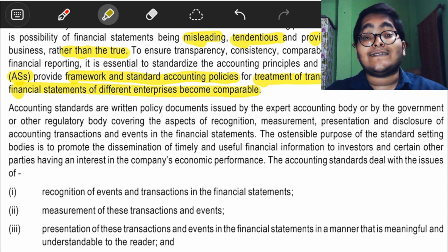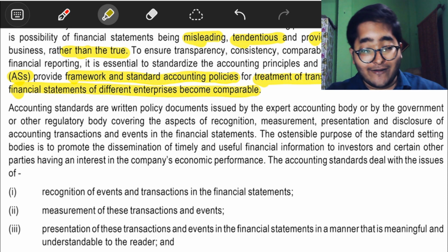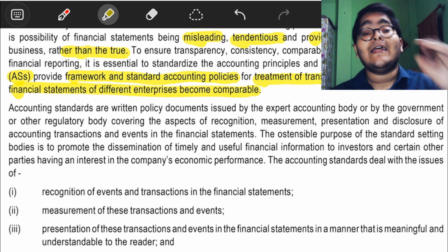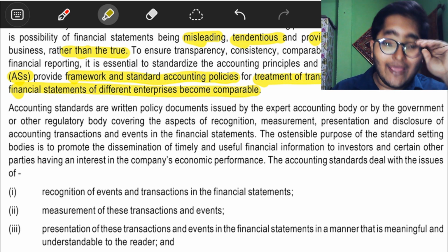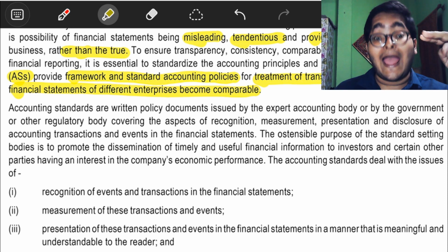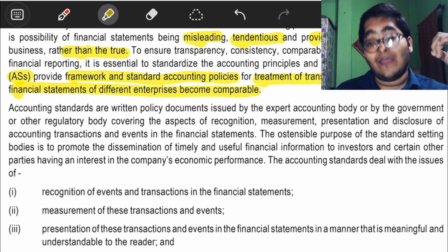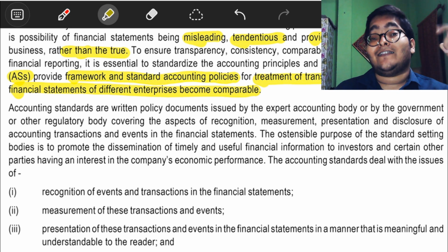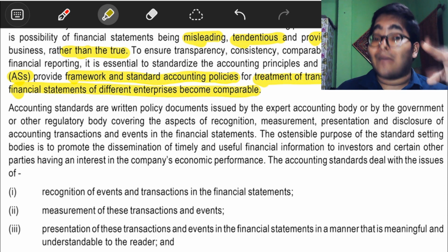So, this is the definition of accounting standard. What is an accounting standard? The function of accounting standard is to set or to provide a framework and standard accounting policy for the treatment of transactions and events such that the financial statements are comparable.